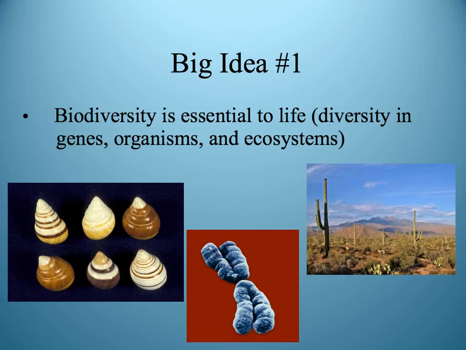And we looked at this already when we compared terrestrial ecosystems, noticing that in hot and dry climates like this desert here, we had a diversity of different organisms that live there, like cacti and lizards, for example, compared to the tundra, where we have really short-growing mosses and lichens, and large mammals that have lots of fur and fat. So again, we'll be exploring that biodiversity is essential to all life on the planet, and in order for life to be sustainable, we need to have this variety or biodiversity.